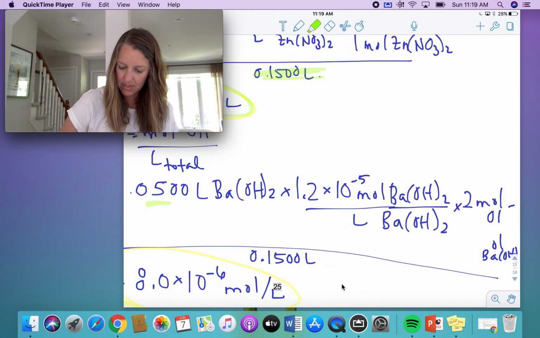I don't have any carbonate in the solution yet, so that's 0. As the change happens, we know they both go up by a factor of 1. Magnesium carbonate has a 1-to-1 ratio, so it's plus X, let's solve for X. So my equilibrium concentration then isn't just X for magnesium, it's X plus what I already had to begin with.